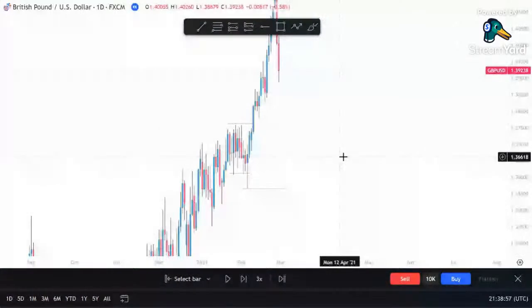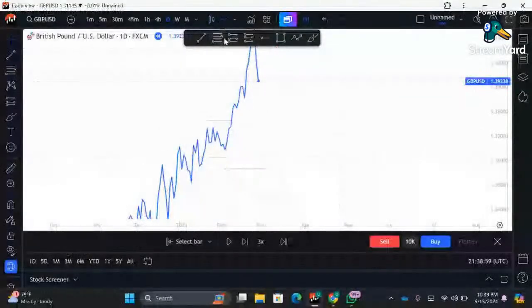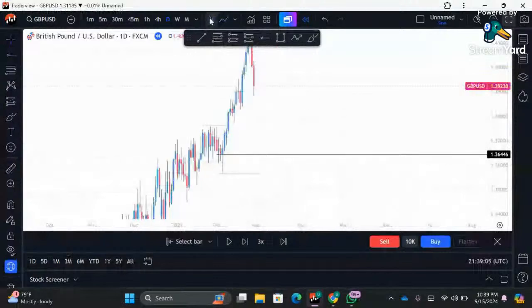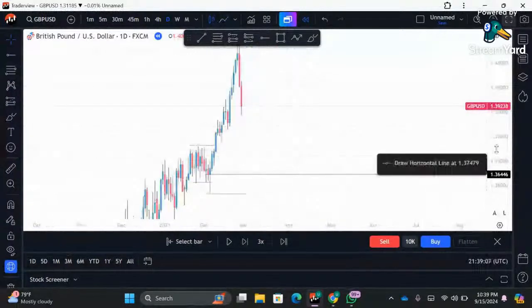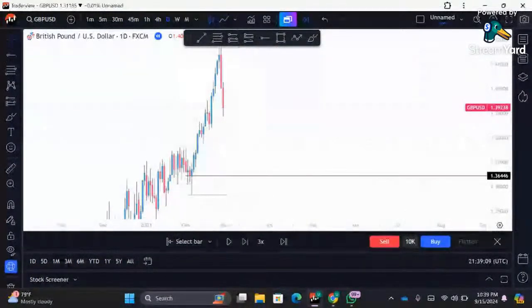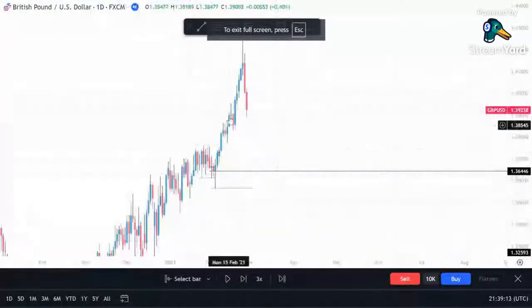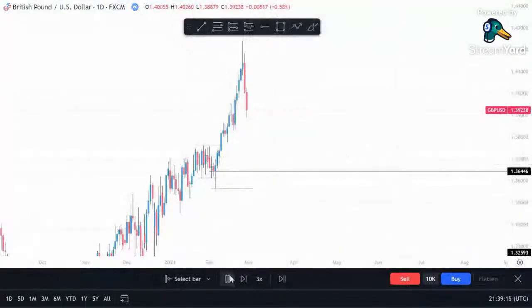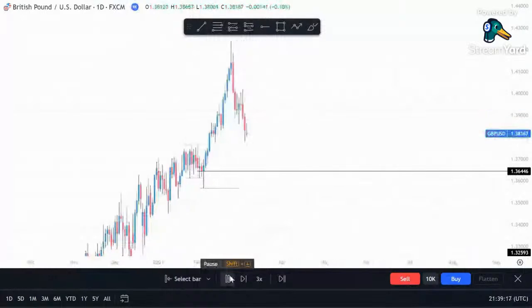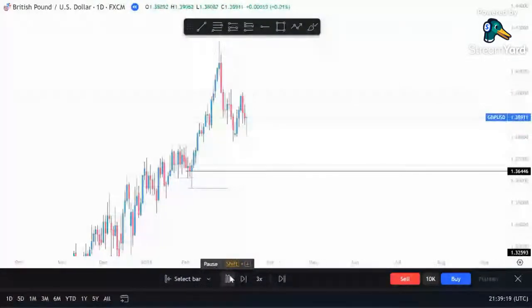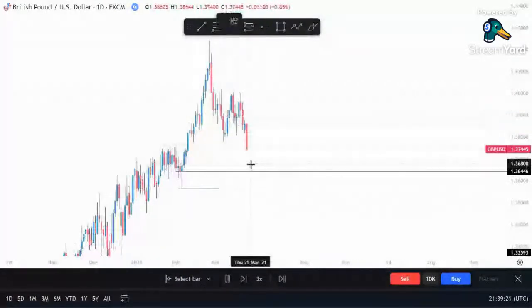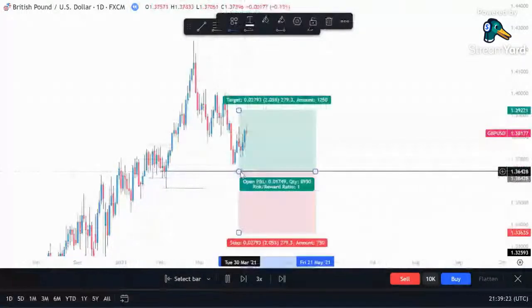On the daily time frame, this is our support level that I'm expecting price to buy from. I'm not talking about this one. Let's say you want to catch a buy, so I'm waiting for price to get to that level before we buy. Let's say you even set your entry and you're like, okay, let me buy from here.